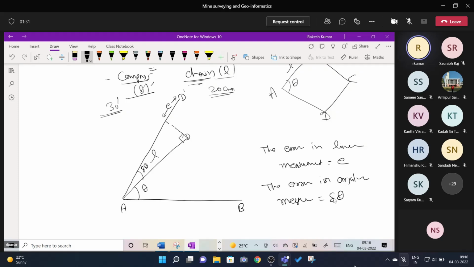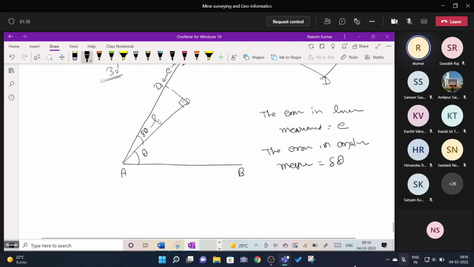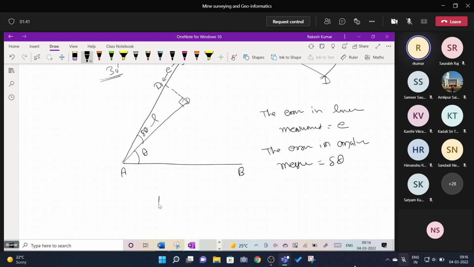Delta theta, sorry. So if I say this is 90, so if I say this is D, if I put this point D1, so what can I write? Can I write DD1 equal to, what can I write? What will be DD1?